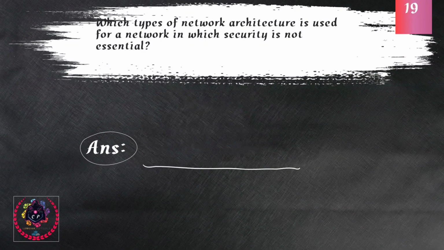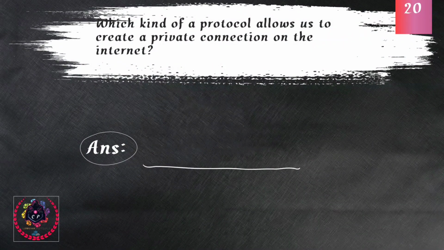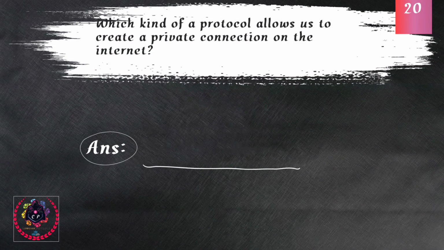Which type of network architecture is used for a network in which security is not essential? Peer-to-peer architecture. Which kind of protocol allows us to create a private connection on the internet? PPTP. PPTP stands for Point-to-Point Tunneling Protocol.